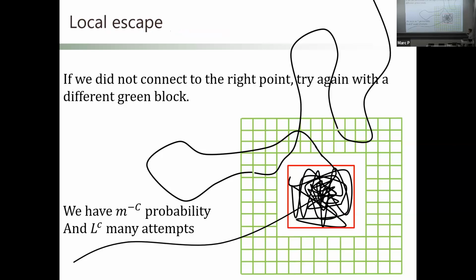So the total amount of extra time that we spend doing all these excursions will only be like L times polylog of L. And that will not be enough for this tangle to really grow any bigger. Okay. So locally, there's still lots of options to be able to escape.